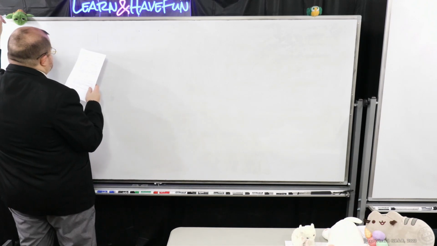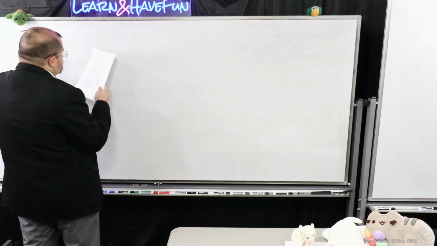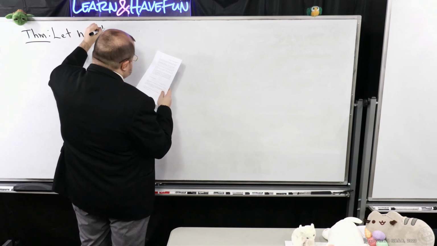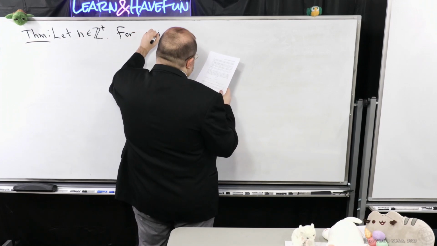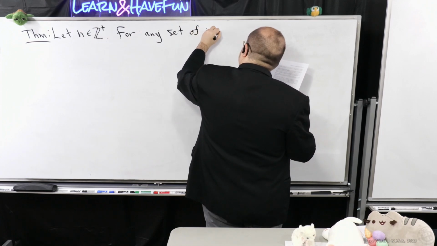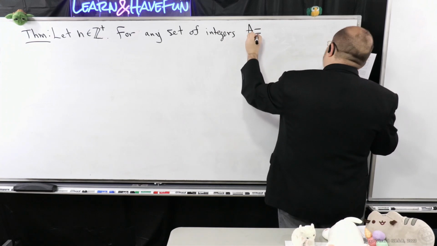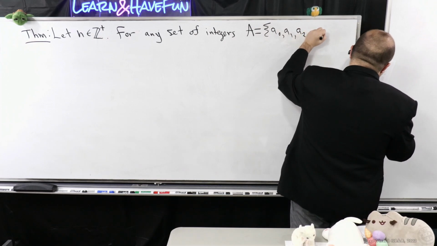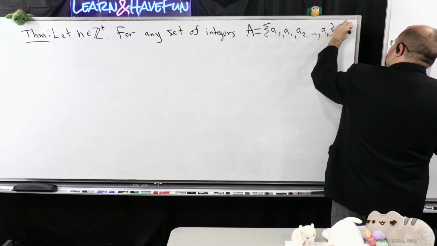So here's the claim. Here's a theorem. We're going to let n be a positive integer. For any set of integers, I'm going to call it set A, it's going to have a0, a1, a2, all the way up to an. It's going to have n+1 integers in it.